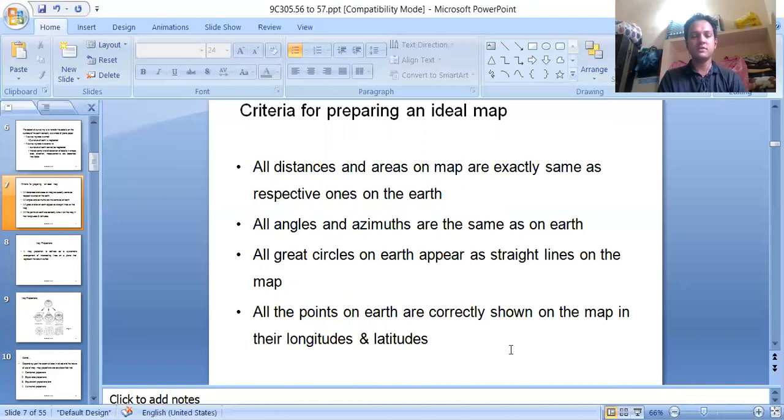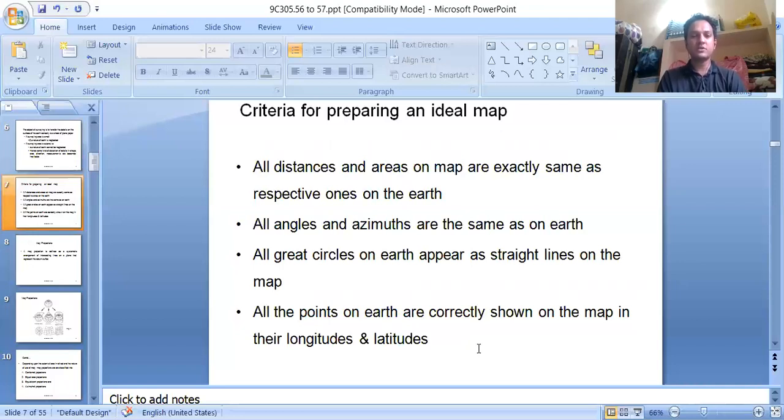The distances as well as the areas on the map are exactly the same with respect to the ones on the earth. So here we will take some scale. According to the scale, if we measure the areas and distances on the map, they should be the same in the map and the respective earth surface.